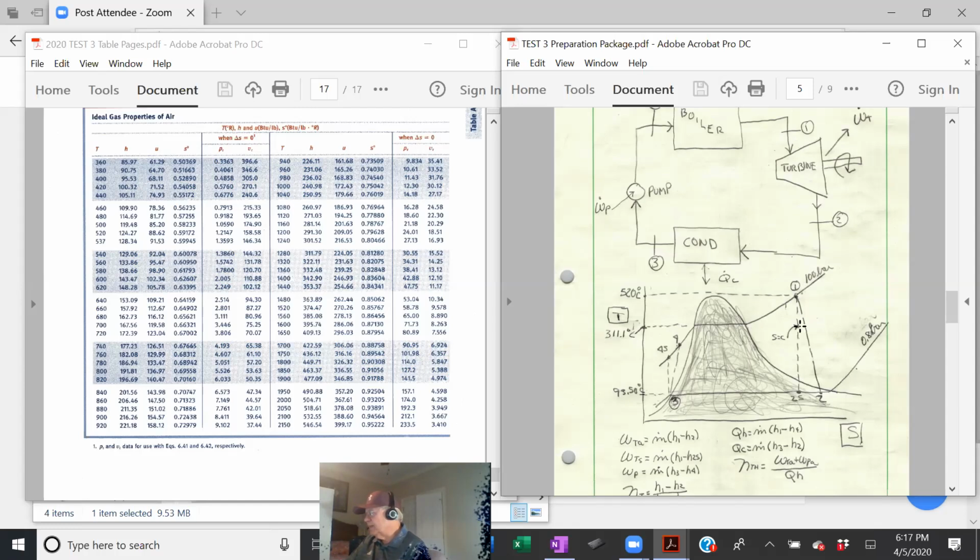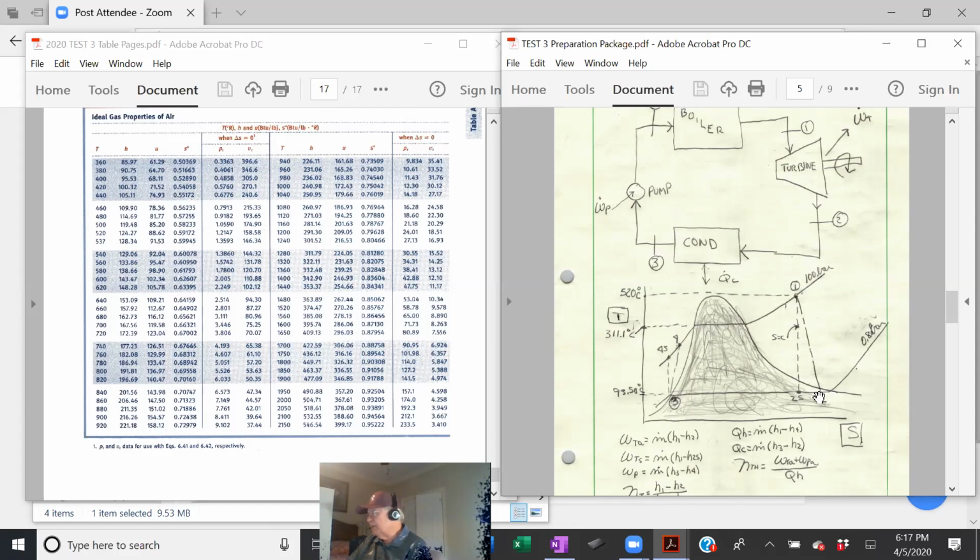It expands ideally at constant entropy, a straight line down to 2s. In actuality, entropy increases. This area under this triangle here is the heat transfer that's lost. It's actually work that's converted into heat that's lost into the atmosphere. Here's the actual expansion process down to state 2.